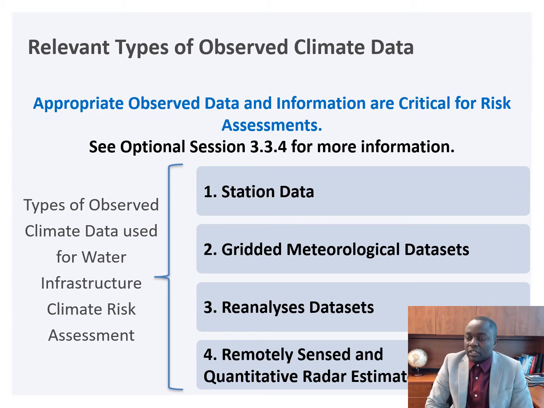Some of the key types of observational climate data set will now be discussed. Appropriate observed data and information are critical for climate risk assessment. So the key types of data that are typically required for infrastructure climate risk assessment include station data, grid meteorological data sets, grid analysis data sets, and remotely sensed quantitative radar data sets.